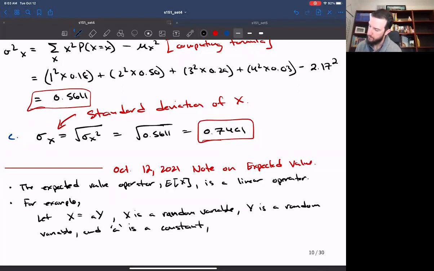For example, A equals 2. Little a in this situation is just a number, any real number. So 2, 3, 4, whatever.